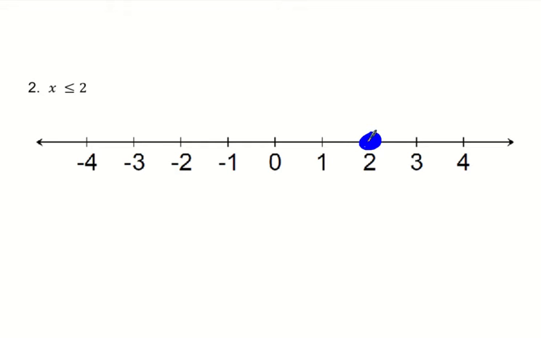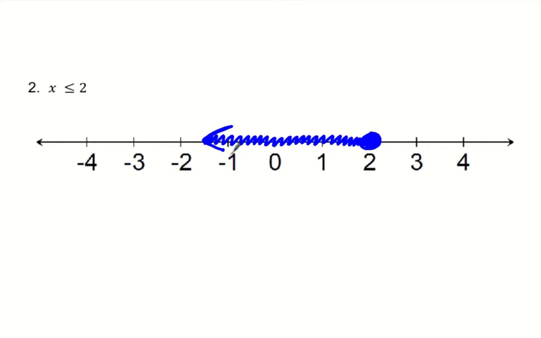Because now 2 is included as a solution because we could also be equal to 2. And we also want to shade in everything that's less than 2 as well as equal to 2. So that means we're going to shade to the left. Okay? And that's that graph.